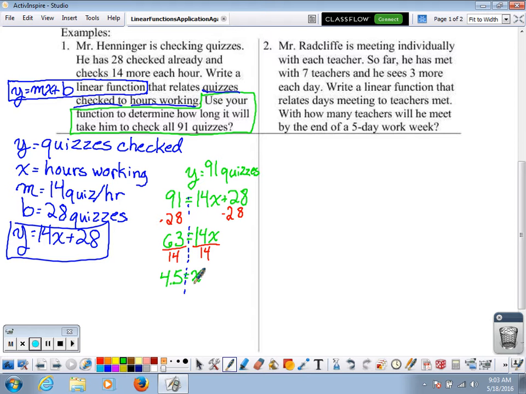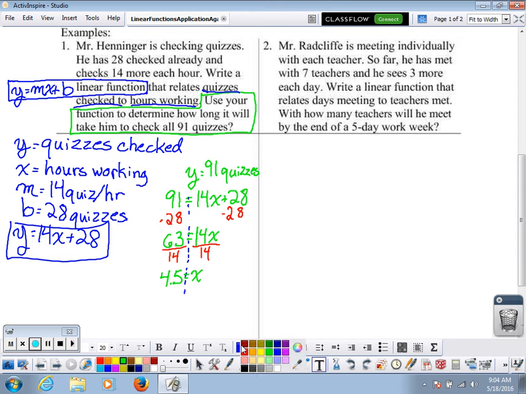So, we have our solution. We want to write that complete sentence answer. Now, we'd like to include both x and y values here. So y is 91 quizzes, x is 4.5 hours.